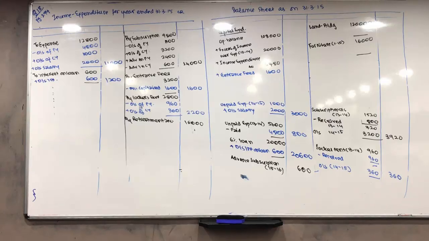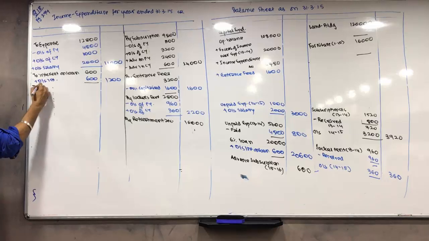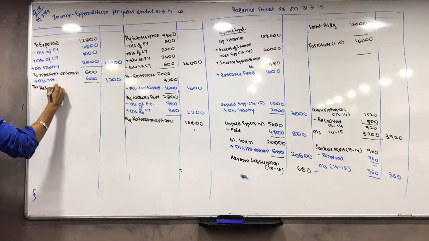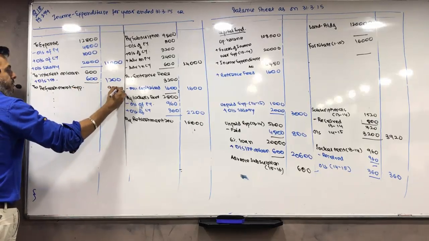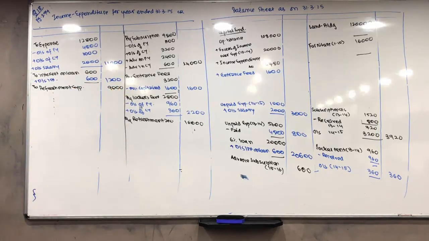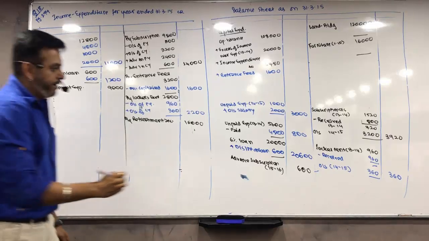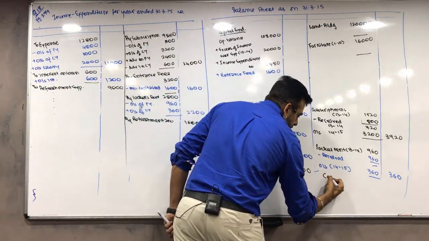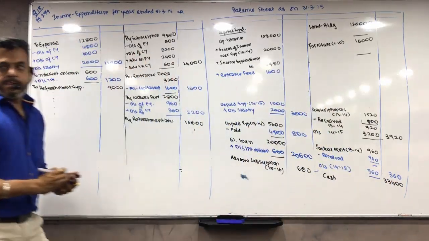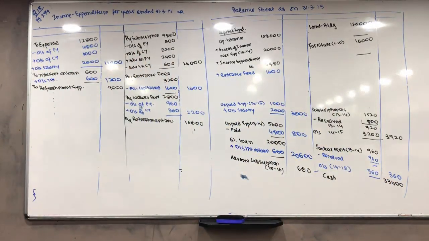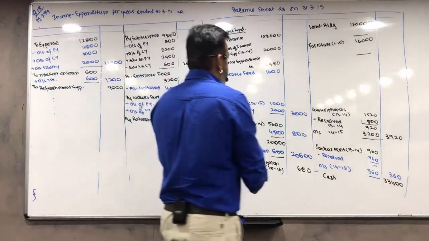Next. Refreshment expense 9,000. To refreshment expense 9,000. Cash 33,400. Depreciation, provide 5% on land and building.